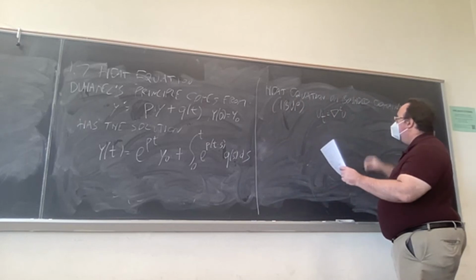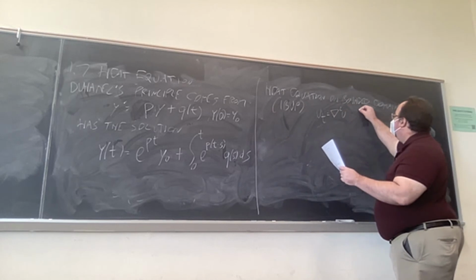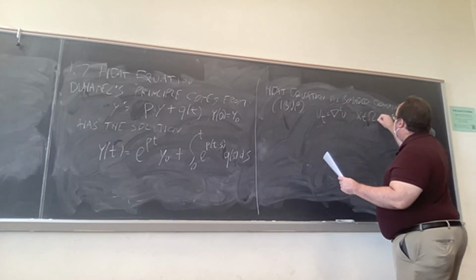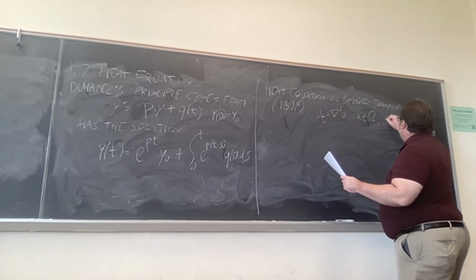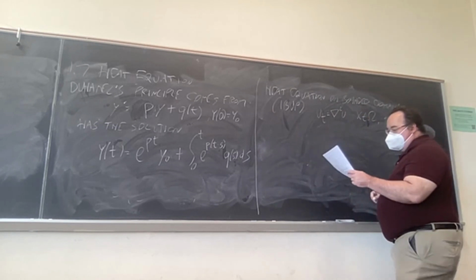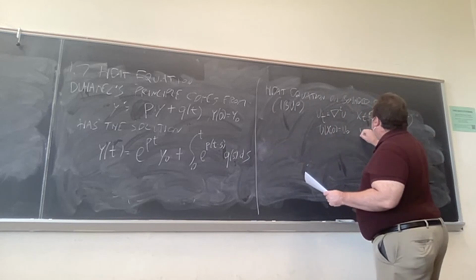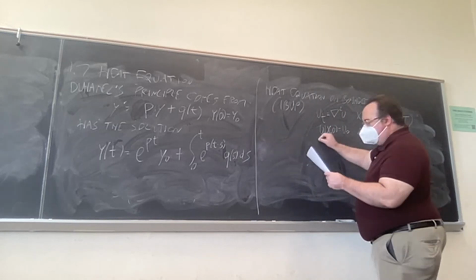So x is in some domain omega, and t is in the interval 0 to capital T. Then we have initial data, and then we have boundary conditions.